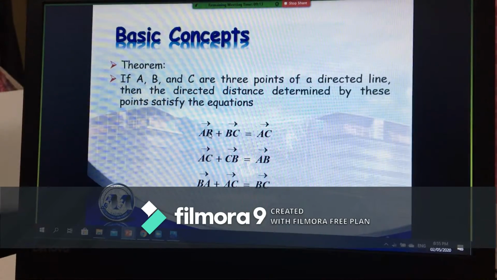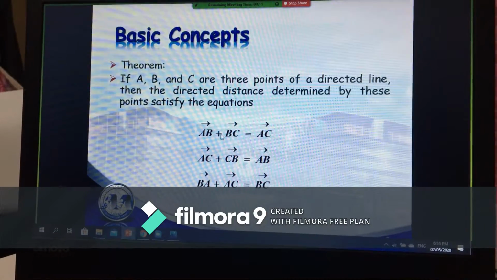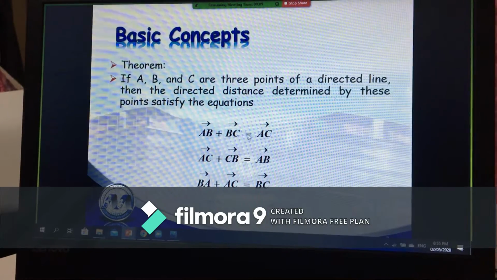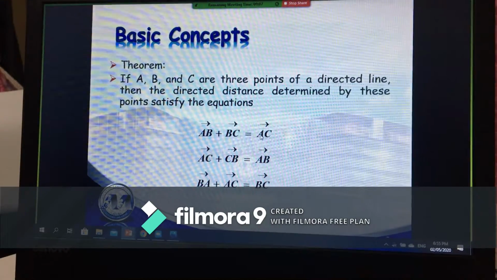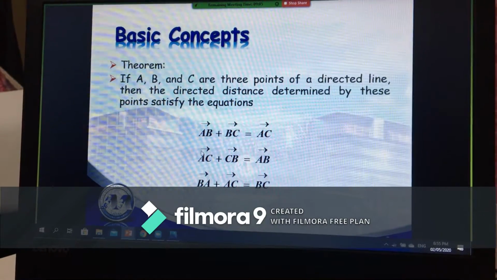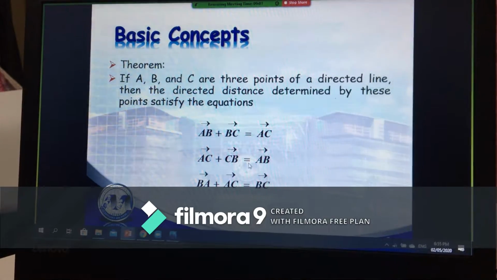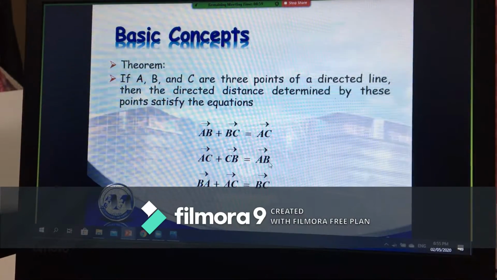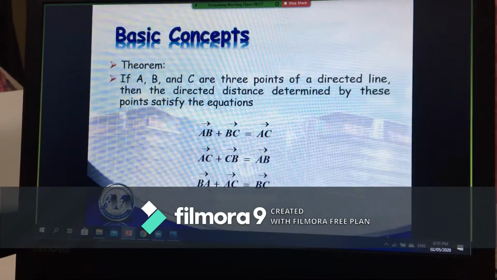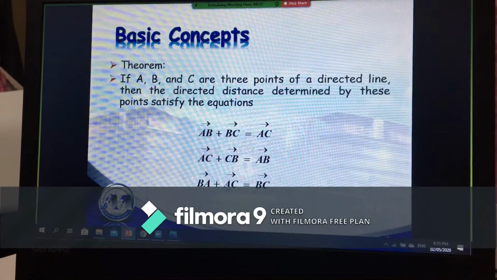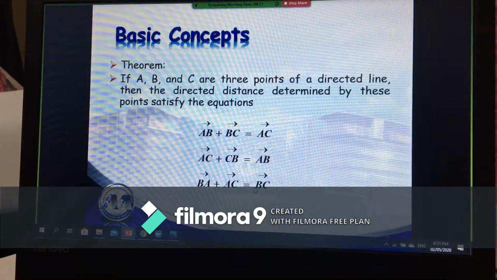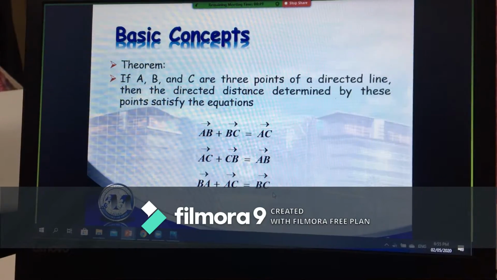Directed distance AB plus directed distance BC equal to directed distance AC. Or we have directed distance AC plus directed distance CB equal to directed distance AB. And directed distance BA plus directed distance AC equal to directed distance BC.